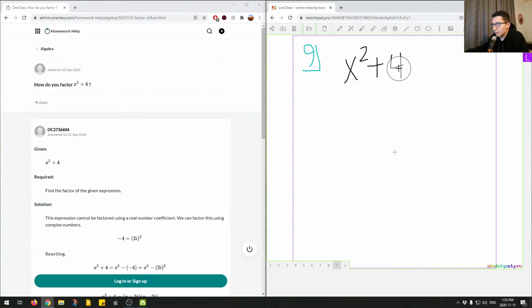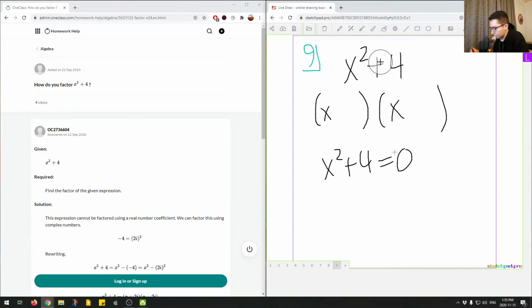But if we want to factor this, we want to get it to a situation where we have x plus or minus some term, and then multiply by x plus or minus some term. Right? So we have two components here, and we want to factor that out. When you look at this, you can't really say that it's x squared, if you want to just solve for x, so let's say you have x squared plus 4 is equal to 0.